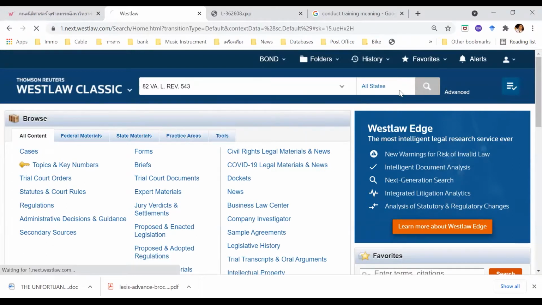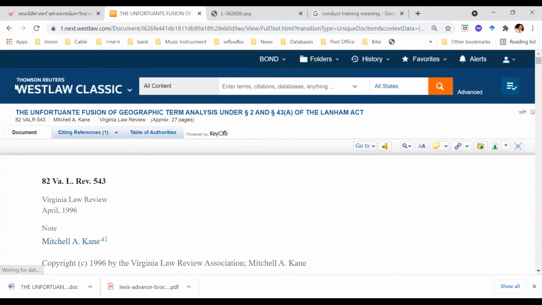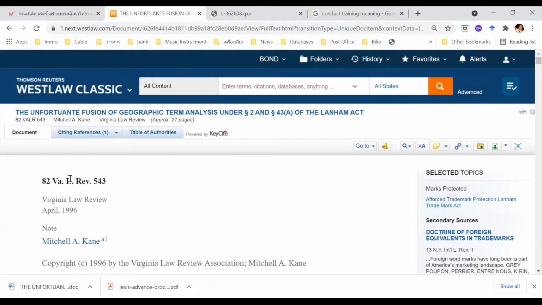Just search. You look at that, you go straight to the document. So it is easy to get the citation.